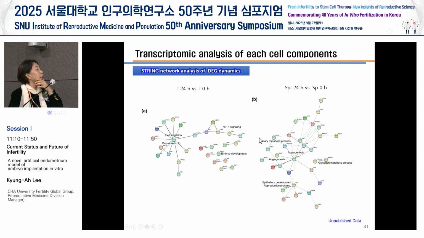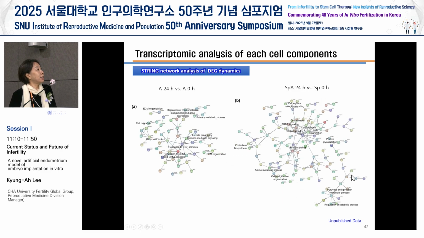We also found that the spheroid itself has more dynamic changes than the epithelial cells. And as I said, in the non-receptive epithelial cells, it seems that more dynamic changes occurred. However, those genes are not important for direct invasion.